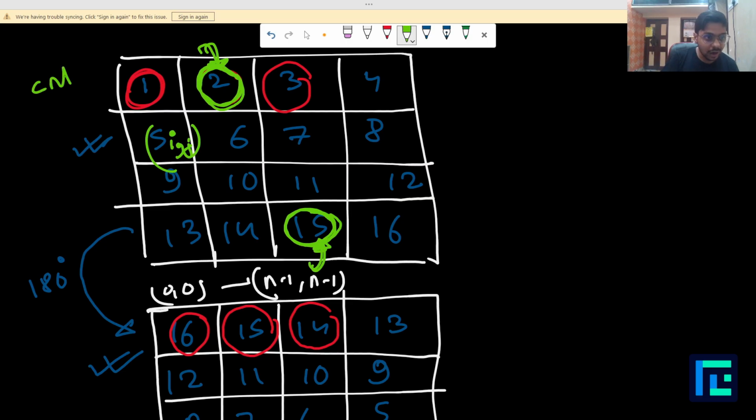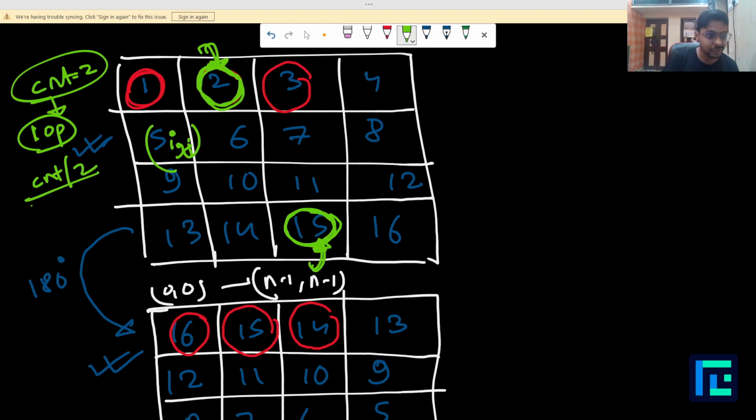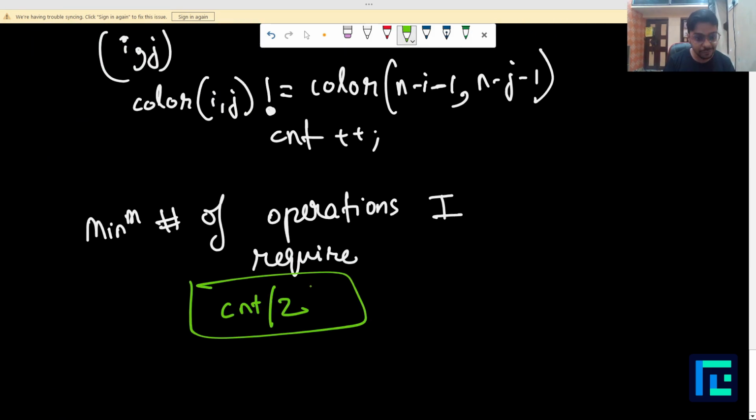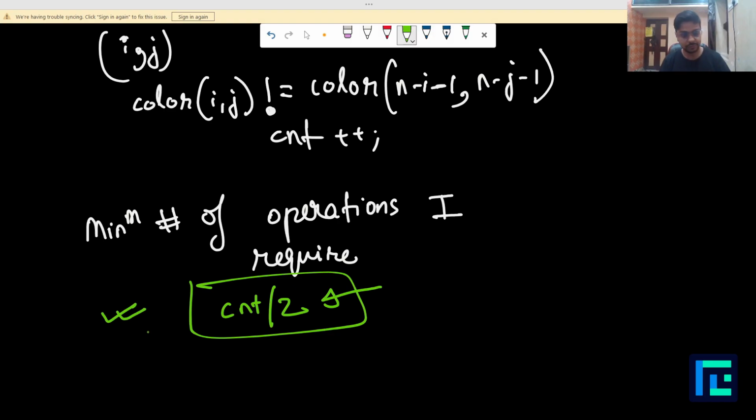Hence, for count equal to 2, I need only one operation, that is basically count by 2 number of operations. So for every pair, count will be incremented twice, but I need to perform only a single operation to make their colors equal, and hence the minimum number of operations I require is count by 2. Okay. I hope the things are clear till now.